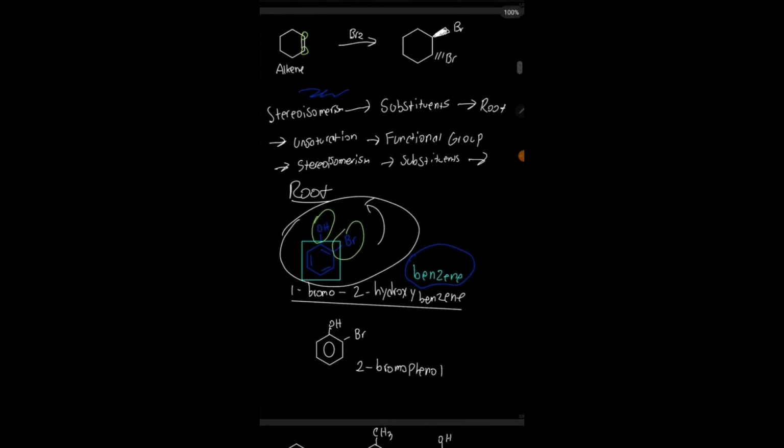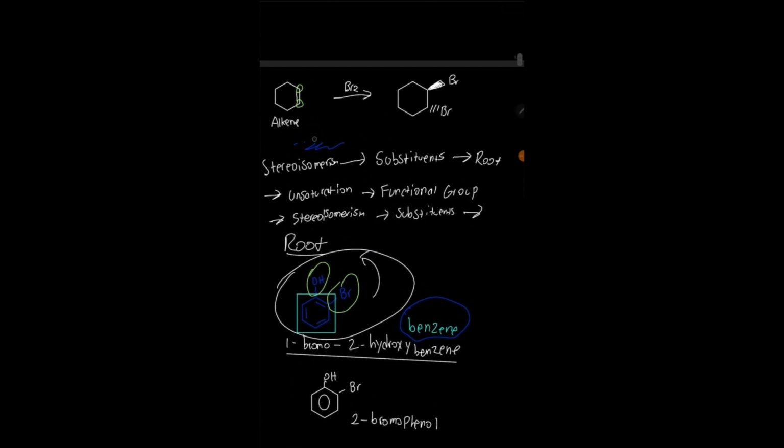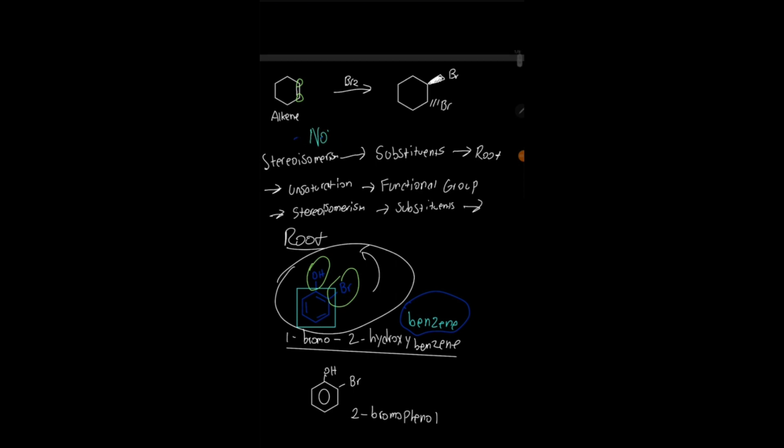Now for nomenclature. I've created a list here for aromatic compounds. We start with stereoisomerism.